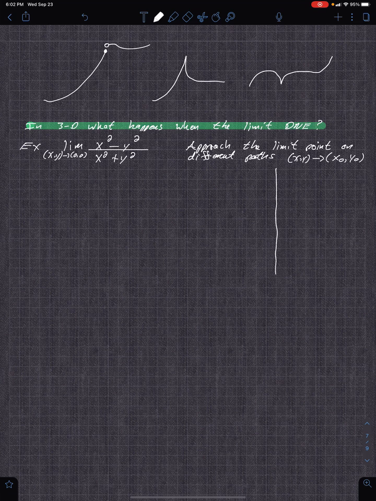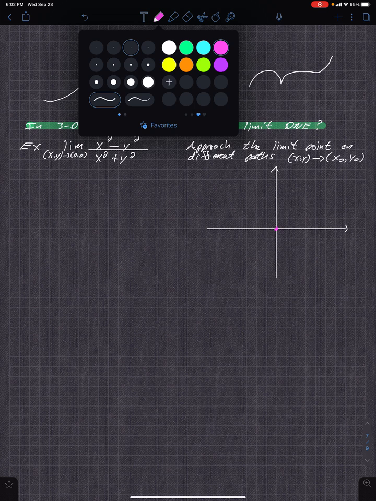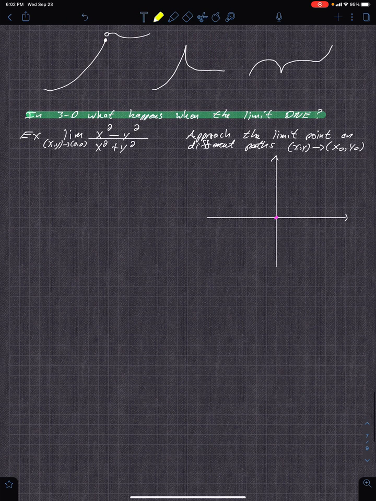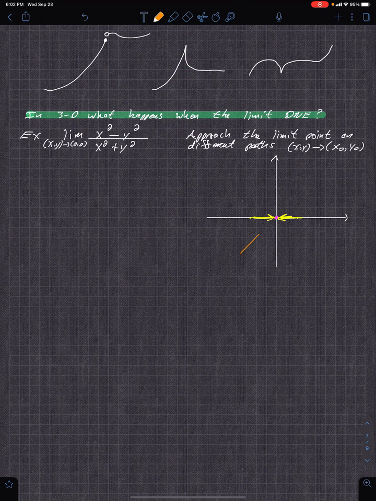Well, the idea is this. If you have a point, and we'll use this one in question here, 0, 0. So you're approaching 0, 0. Here, you can approach in different ways. You can come in on the x-axis like this, on both sides. You can approach on the line y equals x like this. So that's y equals x.